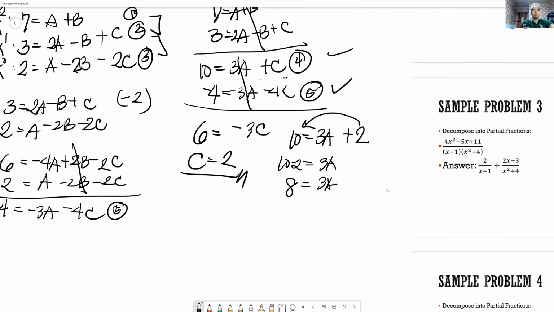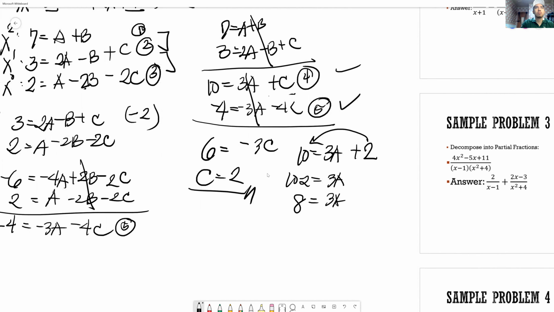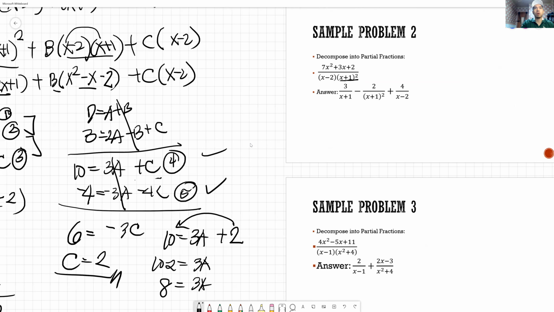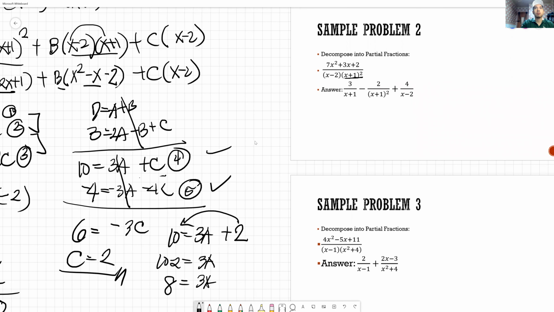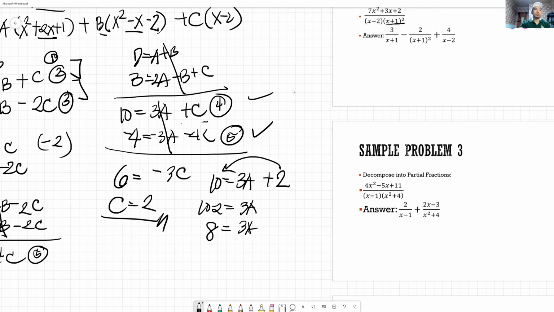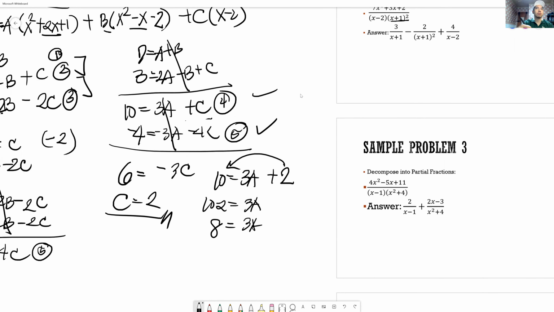Okay. Do we have any error here? So let's double check. So 10 plus 3a plus, so c should be equal to 2. Okay, so that's correct. It should be negative 2 according to my answer there.